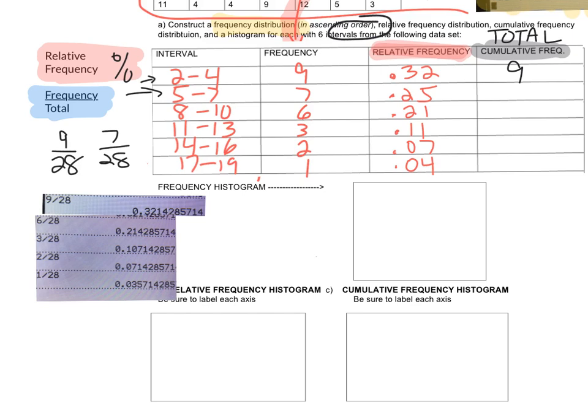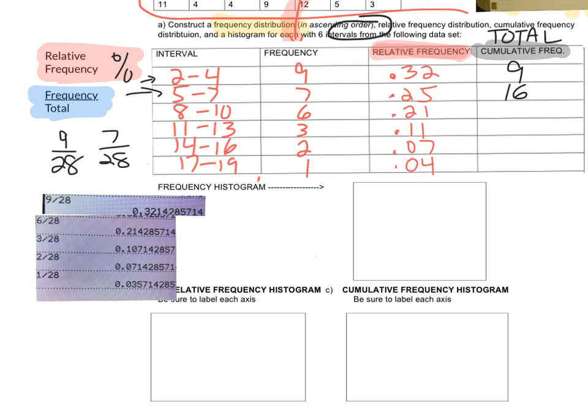Well, now our second interval from 5 to 7. Well, we know the frequency was 7, but I need a total. So what I'm going to do is I'm going to take the 7 and add it to the previous interval's frequency, and 9 plus 7 gives me 16.